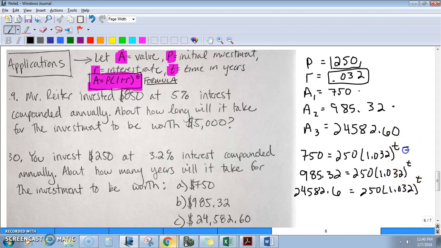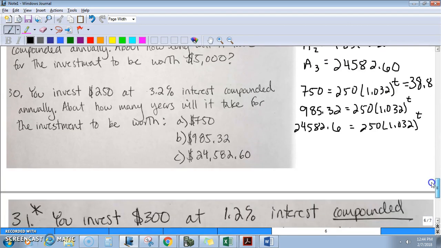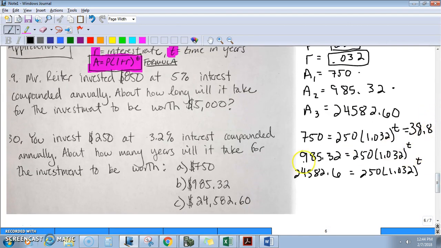The answer, all right, the answer for how long it will take to be $750 is approximately 38.88 years. Oh, sorry, guys. 38.88 years for $985.32.